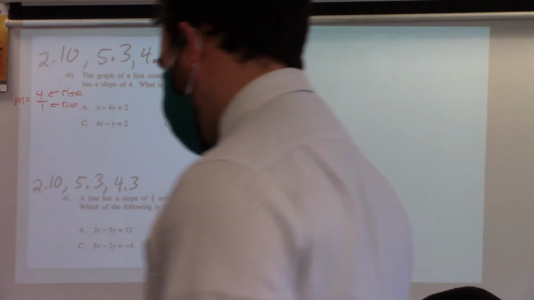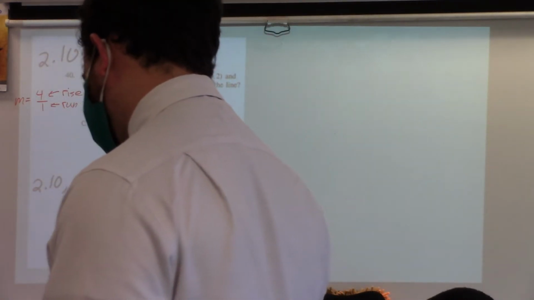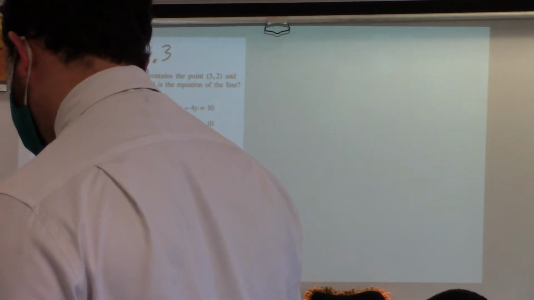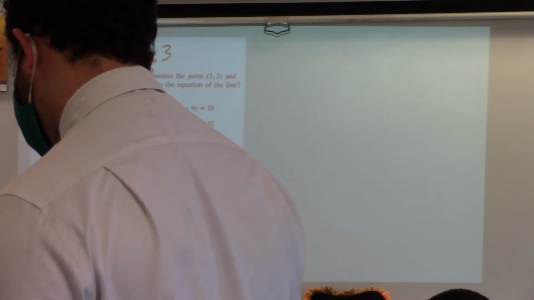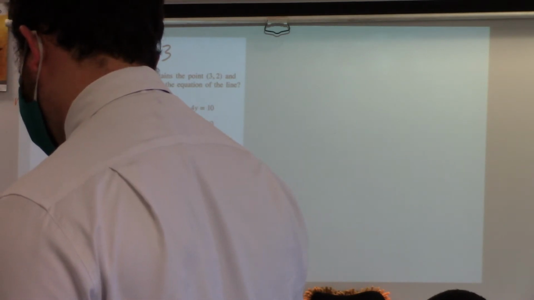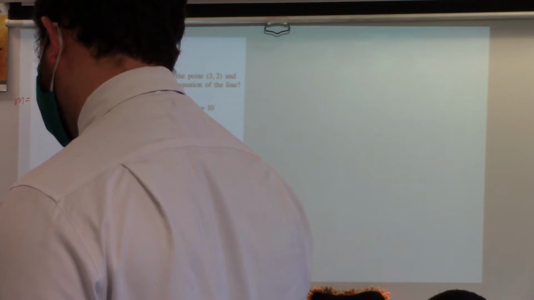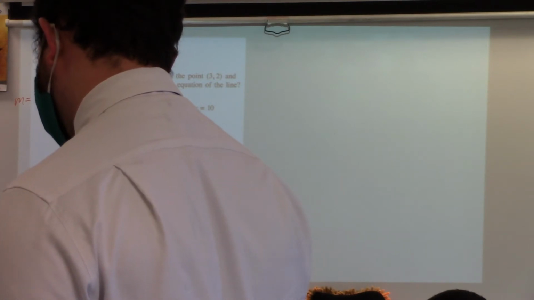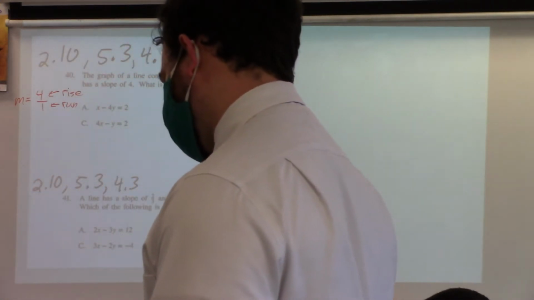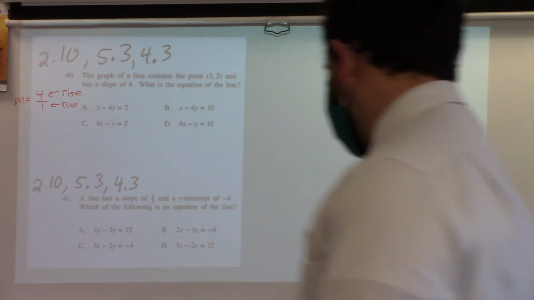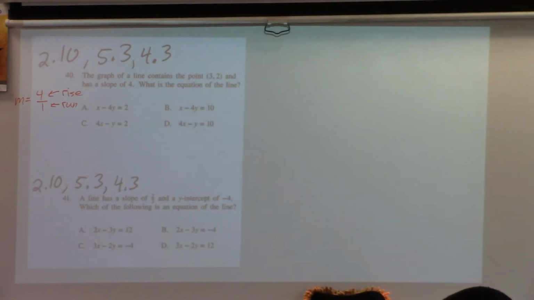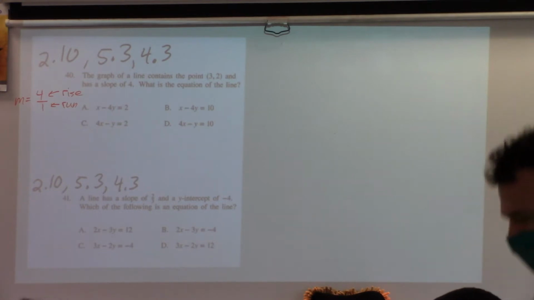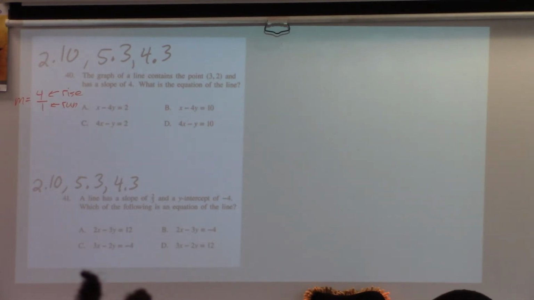How'd you get 5, 4? 1 and 4. Show me. I see where you typed the point, but remember that's a rise of 4 and a run of 1.